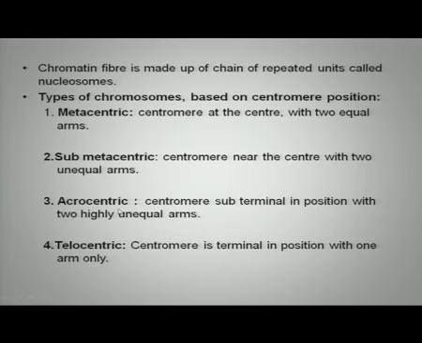Third one is acrocentric. Centromere is subterminal in position with two highly unequal arms. One is very short and one is very long. The last one, that is telocentric, where the centromere is terminal in position with one arm only.